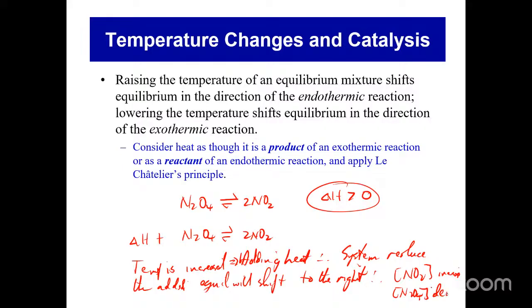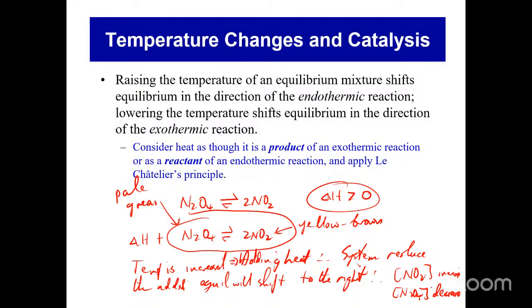All right? And for those of you enrolled in my lab, you'll be looking at this reaction here. And with this one, you can actually visually see the changes that would take place because NO2 is a kind of yellowish brown color gas, and the N2O4 is a very pale green, almost colorless, right?